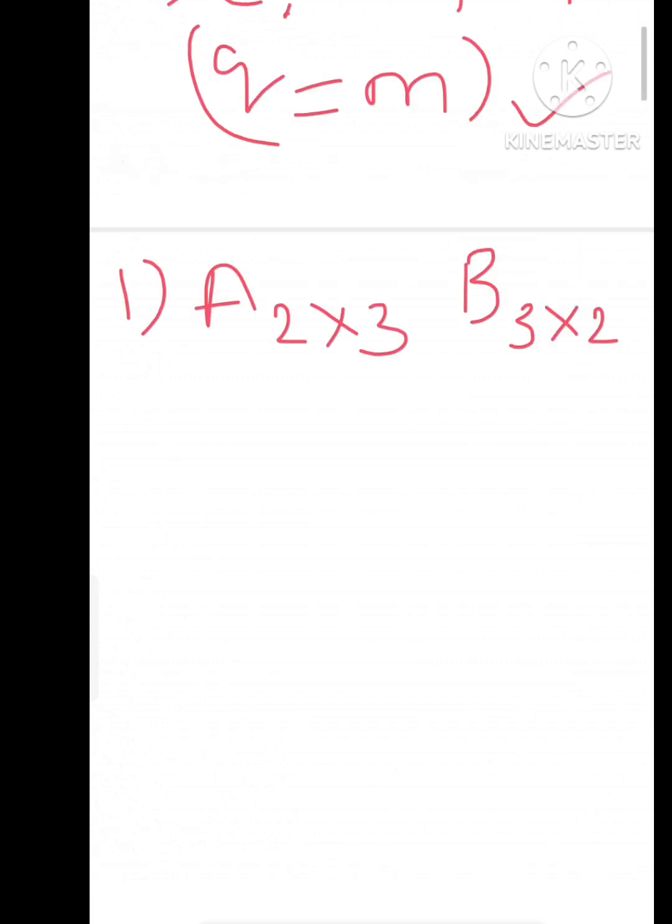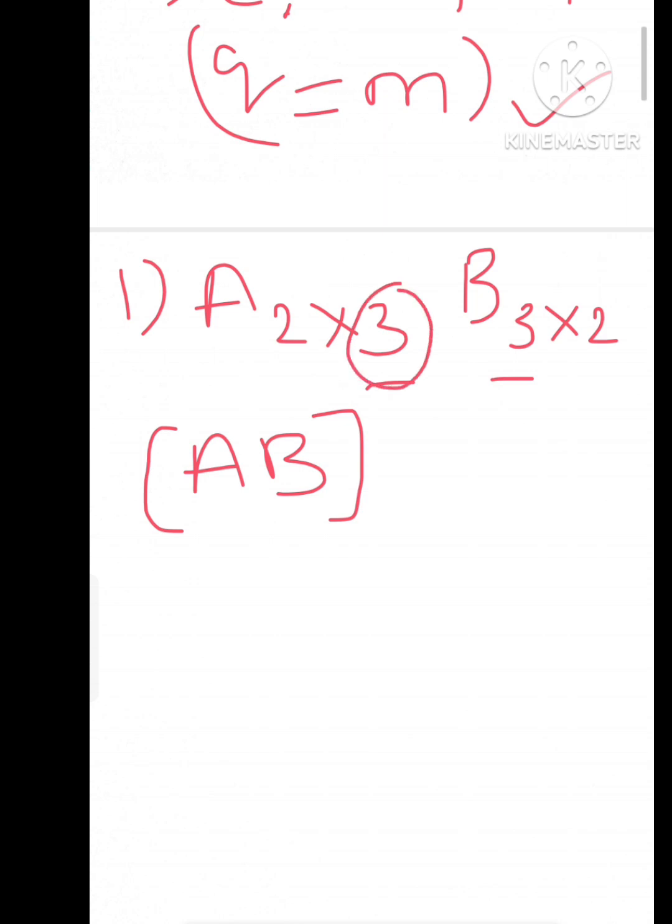If we want to multiply A and B, we have to check whether the number of columns in the first matrix equals the number of rows in the second matrix. Here it is 3 and 3, so these are the same, and we get the AB multiplication with order 2 by 2.